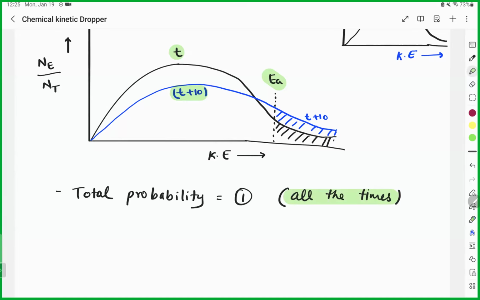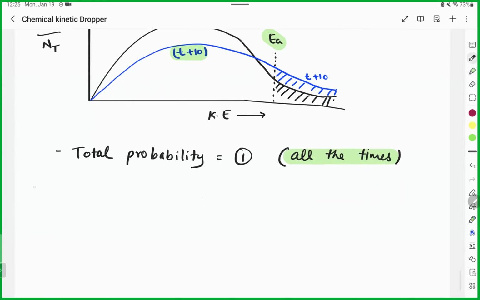So what is happening using this Boltzmann constant method? If you are increasing temperature, in that case the number of molecules with maximum energy will also increase. Correct?